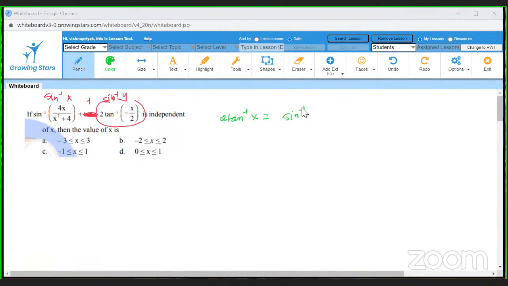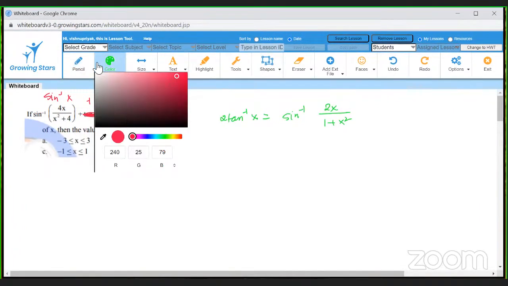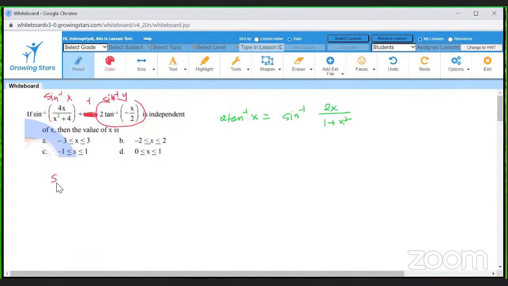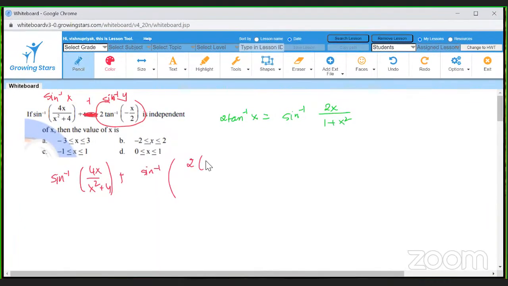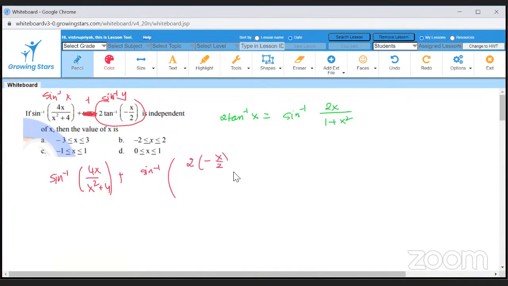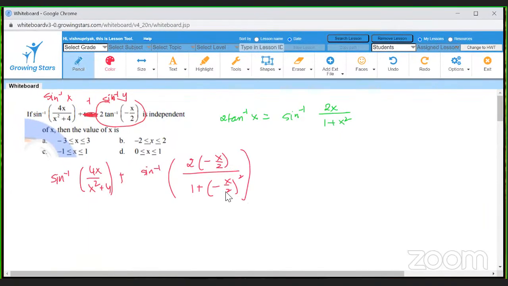The formula is sine inverse 2x by 1 plus x squared. This is the formula I will use. So sine inverse, this part I will keep same. I will not change. But this part, I can write as sine inverse 2x by 1 plus x squared. This form you have to write.